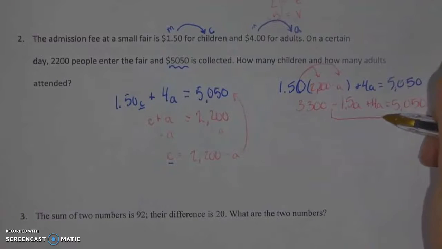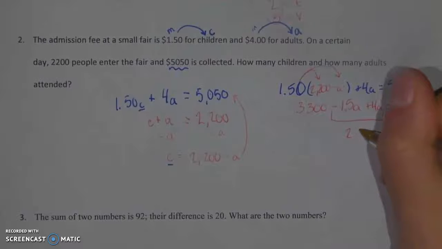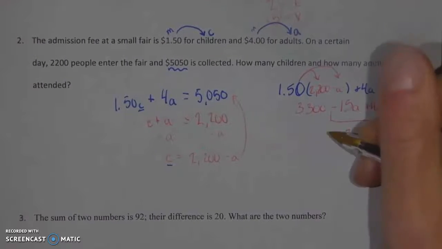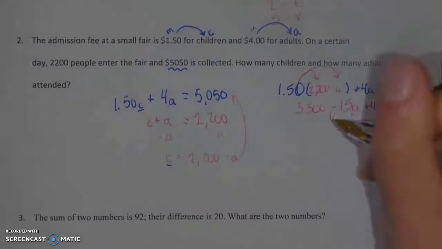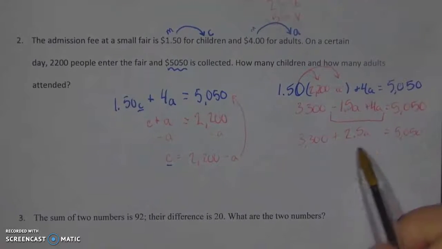Combining my like terms here, I can get my a's together, and this is going to give me 2.5a is equal to 5,050. And don't forget, we still have the 3,300 in front of that being added to it.